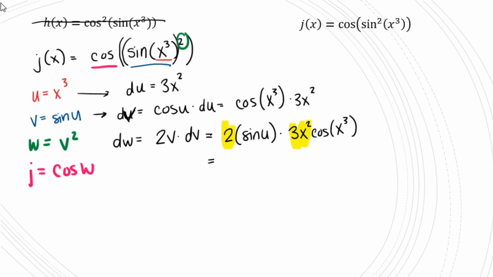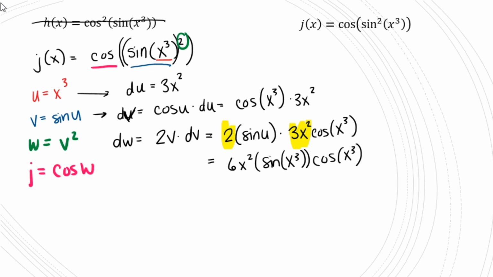So I'm going to have 6x squared onto sine, and I'm going to replace a u with the x cubed, onto cos x cubed. And some superfluous brackets there, but I'm just trying to be careful.